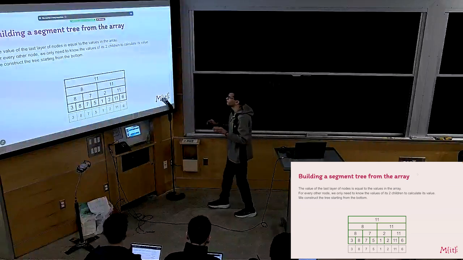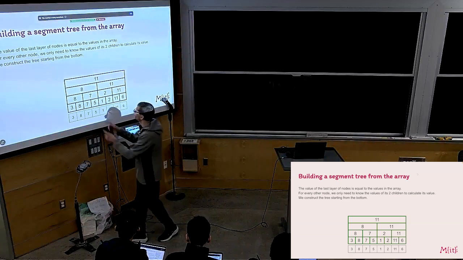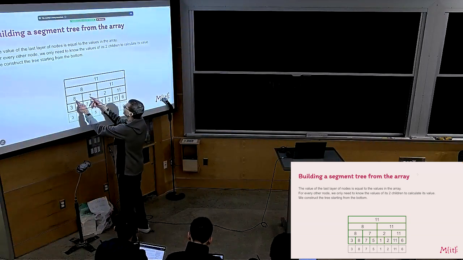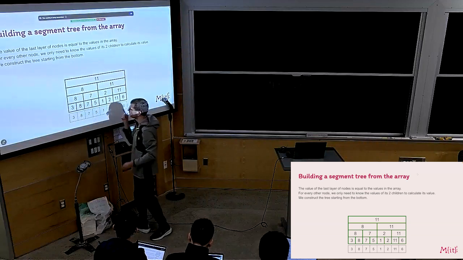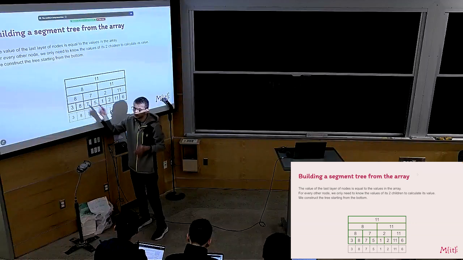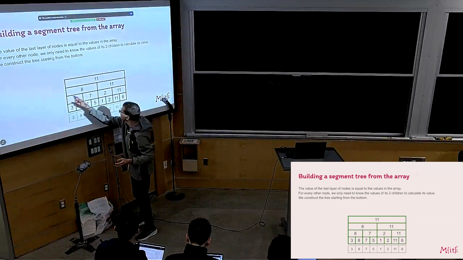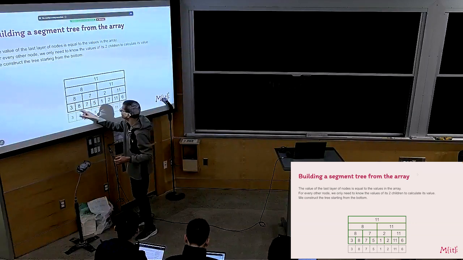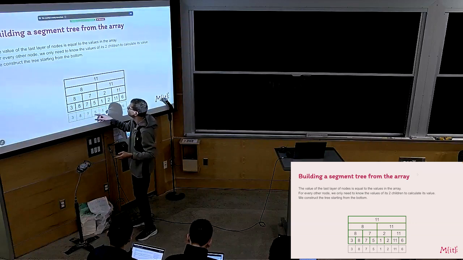And the fundamental reason this works is because once we know the value of 2 blocks, we can compute the value of their parent block in O(1) time by just taking the maximum of the values of these 2 blocks. This block represents the maximum of this subarray of length 2, and this block represents the maximum of this subarray of length 2.